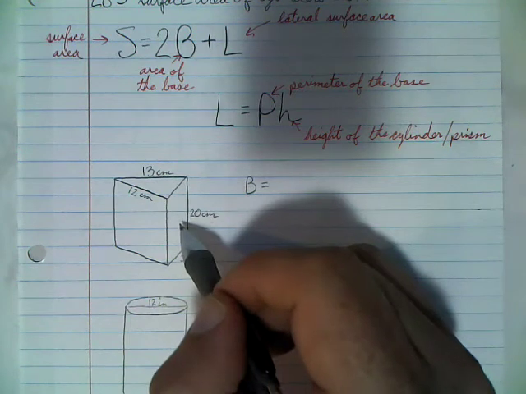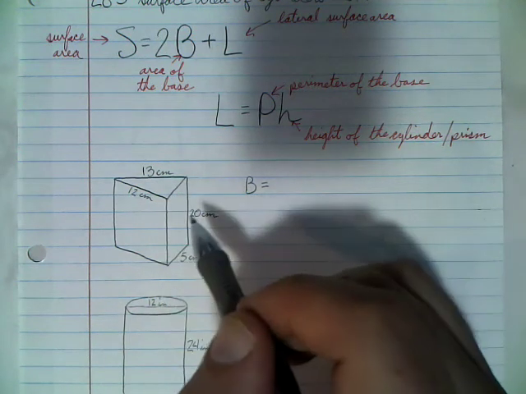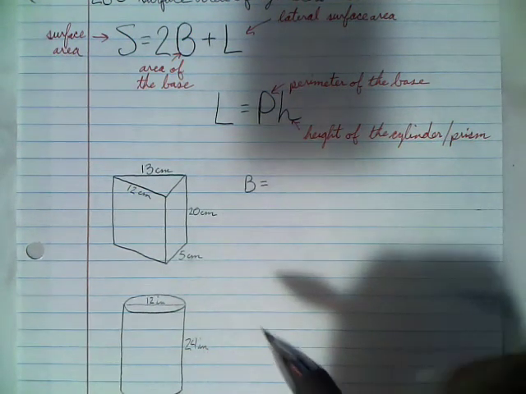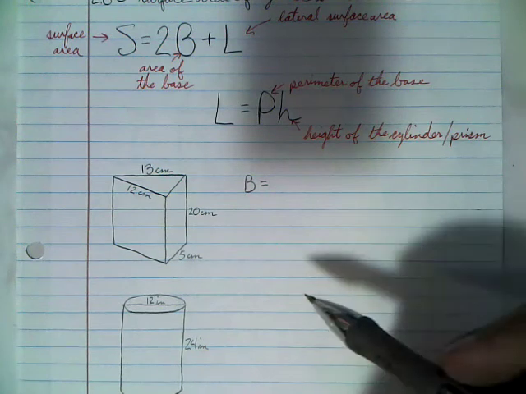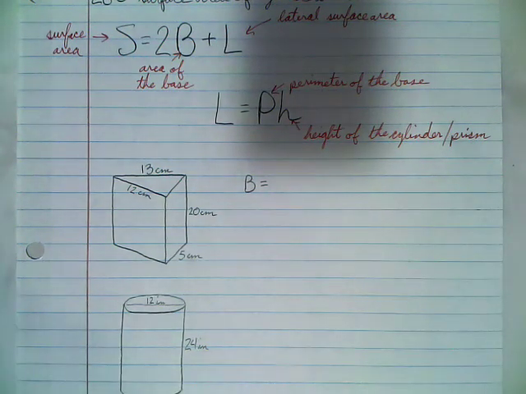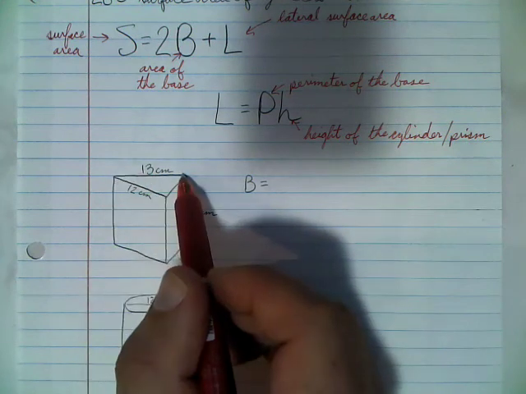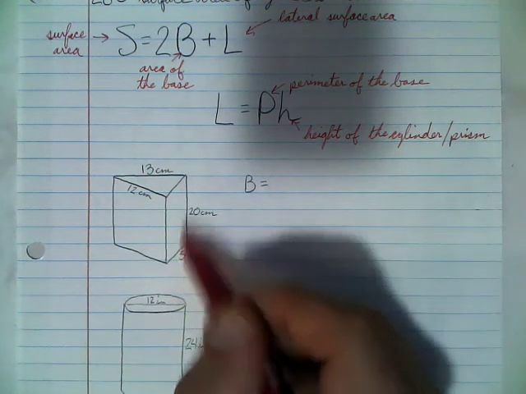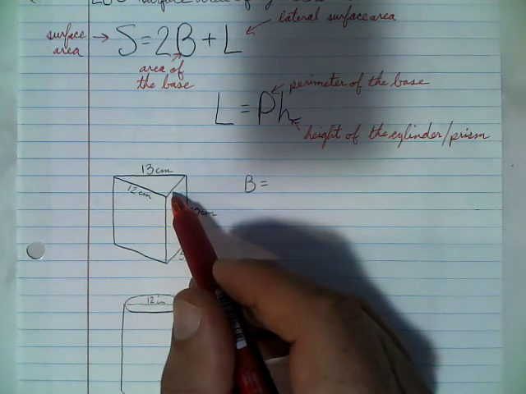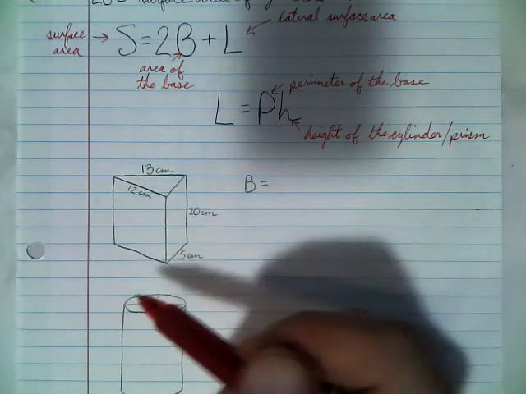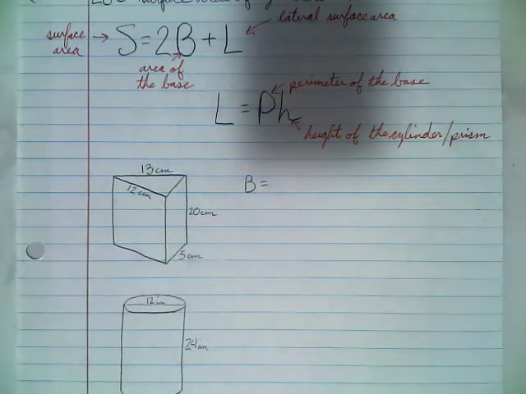The trouble here, though, is in order to find base and height, I need to identify a right angle. But no right angles are marked here. However, we know that this side is 12 and that side is 13, and if this is 5, that means that this is 5. We have a 5, 12, 13 triangle. So the question in my mind is, is this a right triangle?